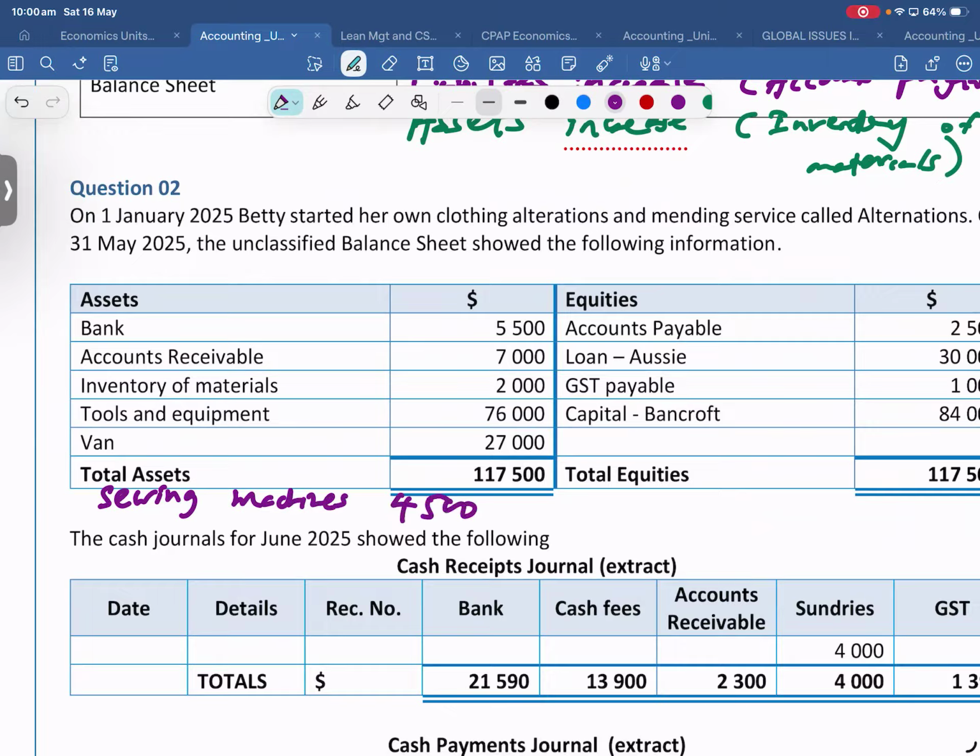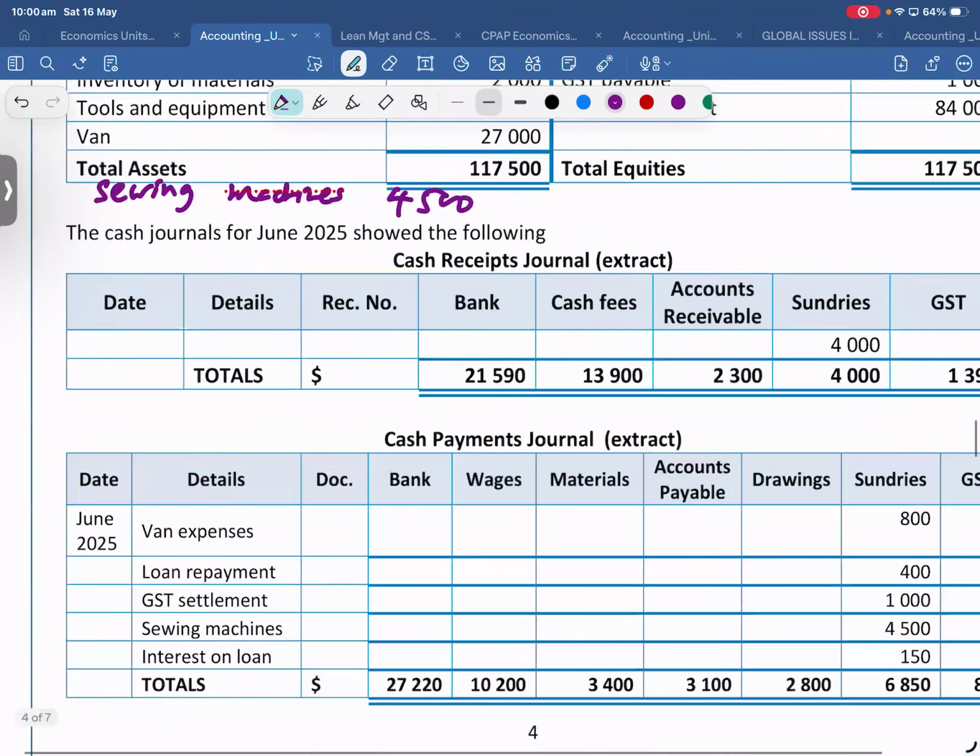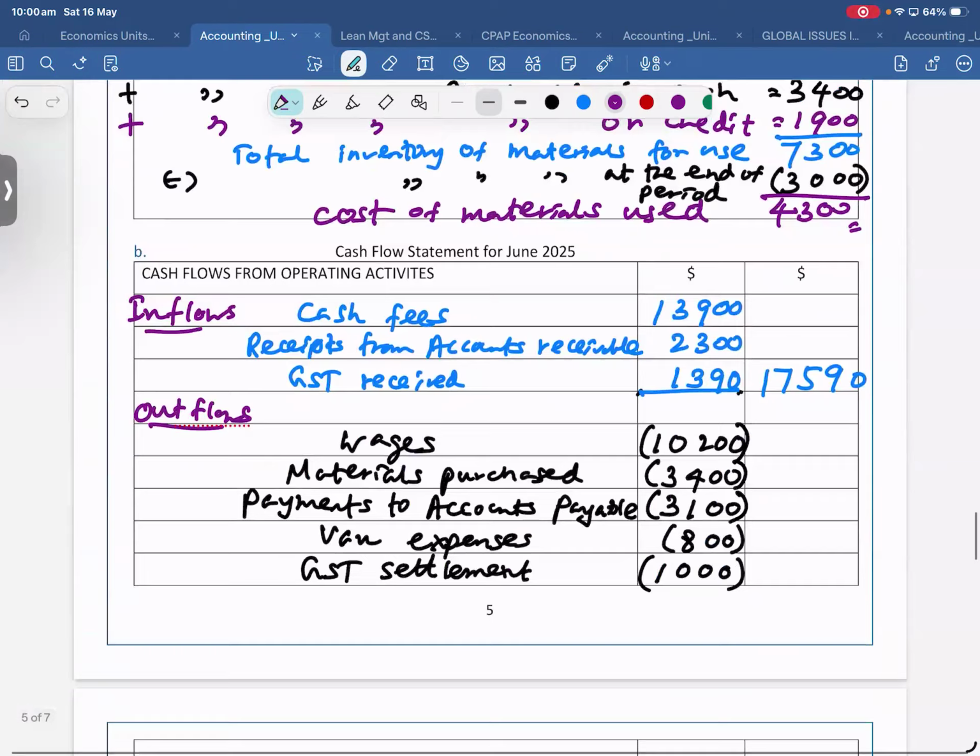Does it not fall under tools and equipment? Probably it's a machine, we'll put it separately. Okay, so you have to recalculate total assets. Yes. Okay, then that one is done.